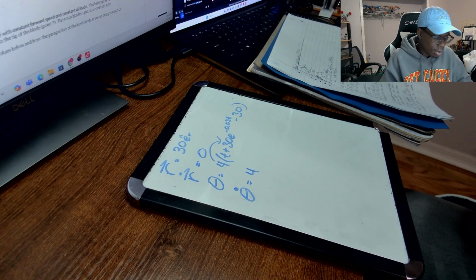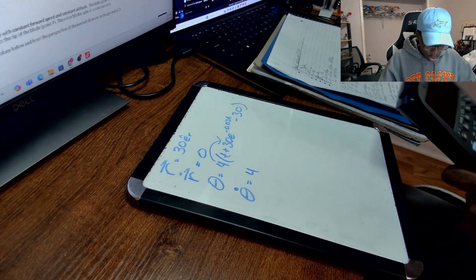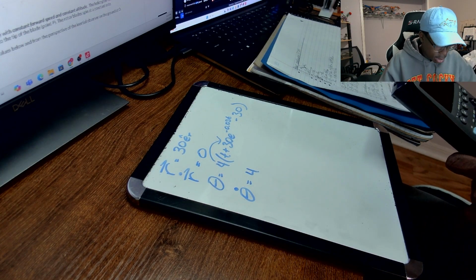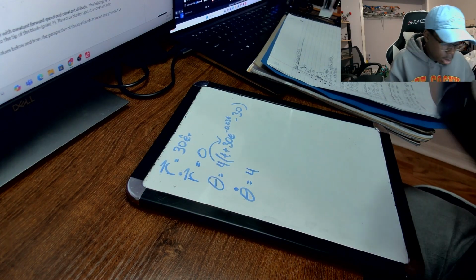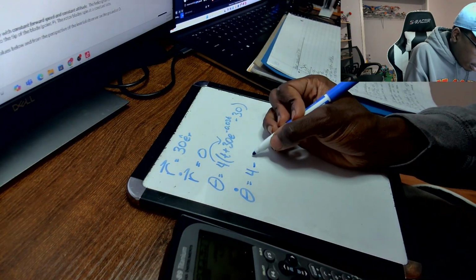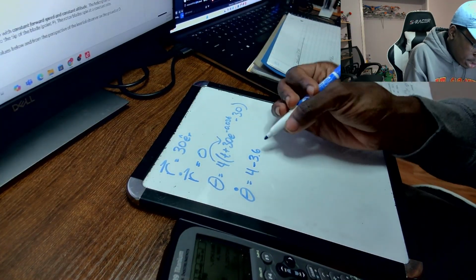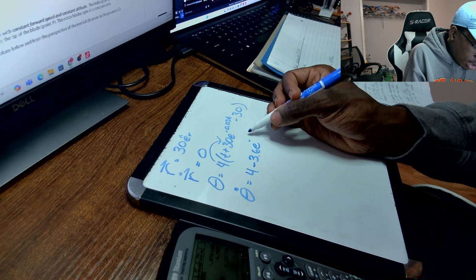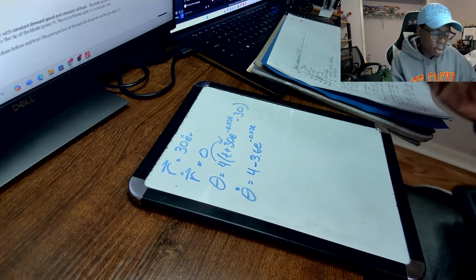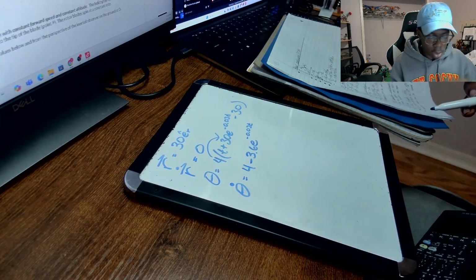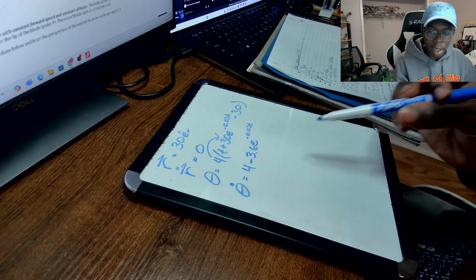This thing is good. So let's do 120 times negative 0.03. Okay, and we get minus 3.6 e to the negative 0.03t. And then 30 goes away. So this is our angular velocity.